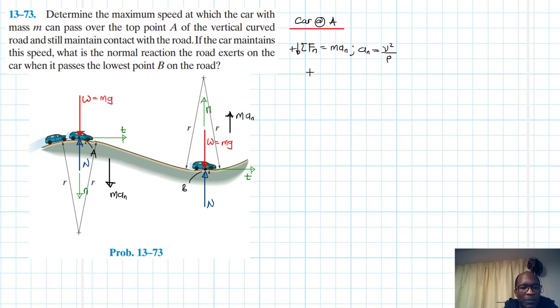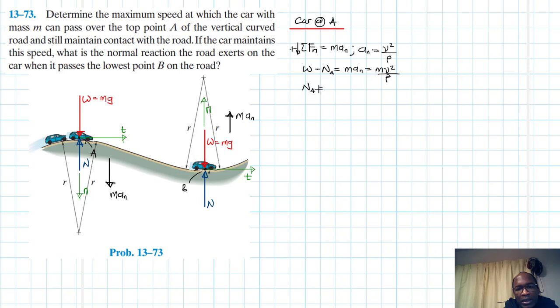What do we have? We have W minus N equal to m a_n, which is also just equal to m v squared divided by rho. Therefore, this is N_A.